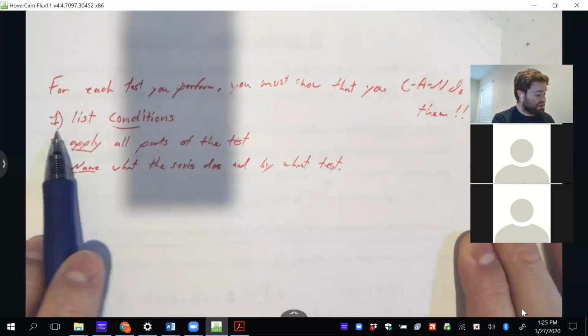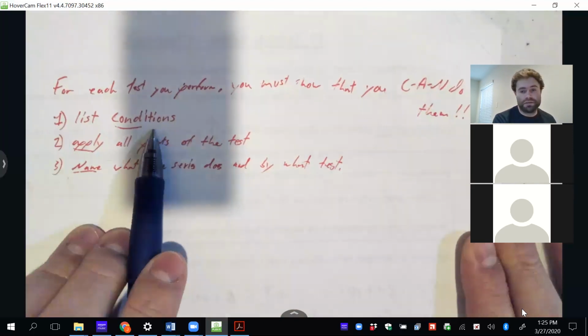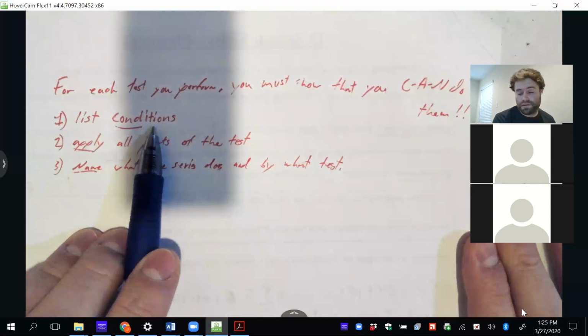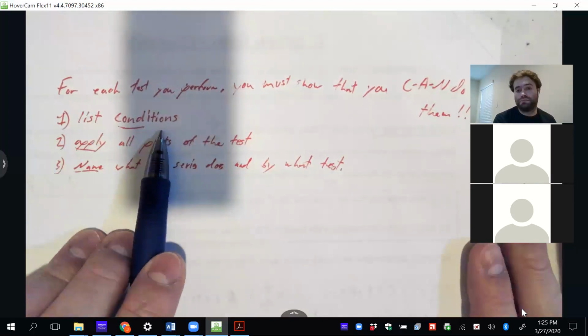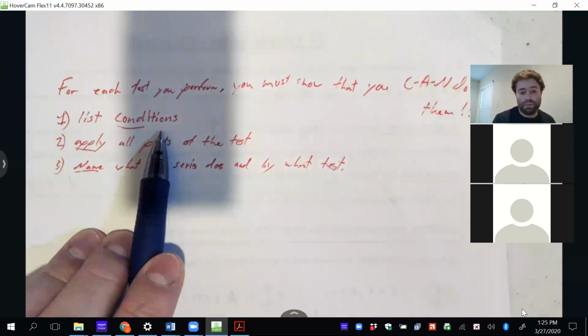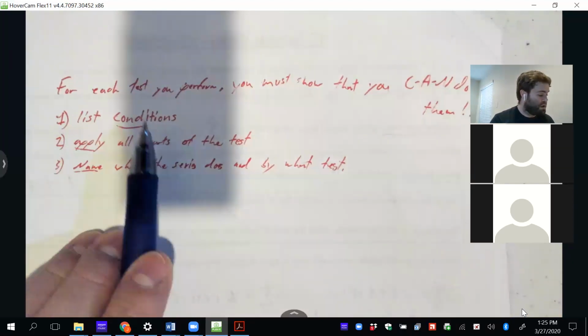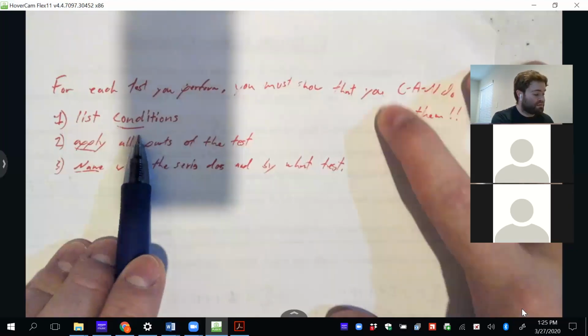Meaning first, you need to list the conditions of that test. So if you're to do one of these tests on one of these problems in the packet when you practice, on the AP exam, or on free response questions I give you when we start reviewing, you have to state that you can do it.